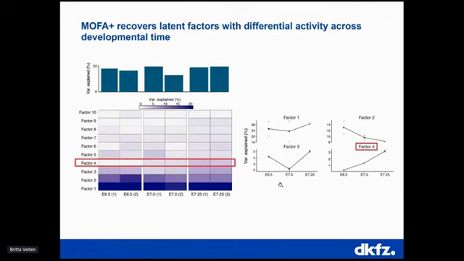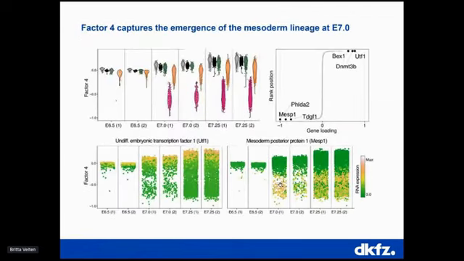And if we look into this factor, this actually very nicely captured the emergence of a specific cell type, the so-called mesoderm lineage, at embryonic day 7. So that's the pink cells here. And these cells will later form your muscles and blood vessels and start to emerge at embryonic day 7. And if you look into the weights of this factor, we can see that this actually nicely links to genes that start getting up or down regulated with the emergence of the cell type.